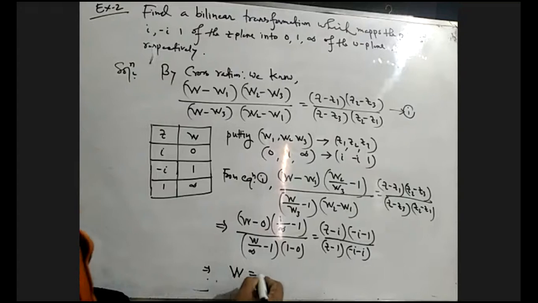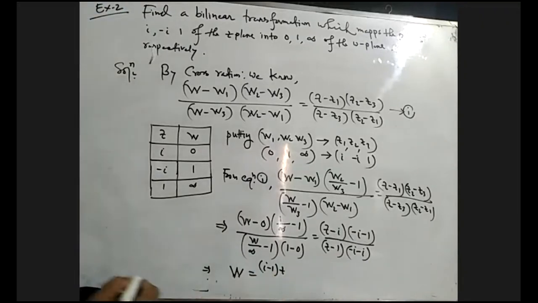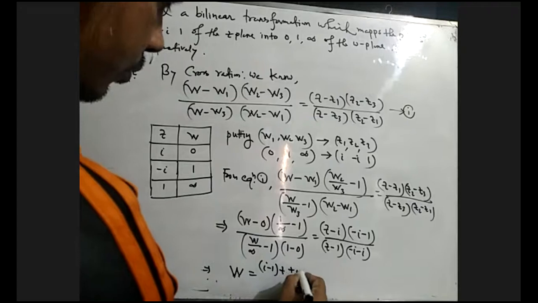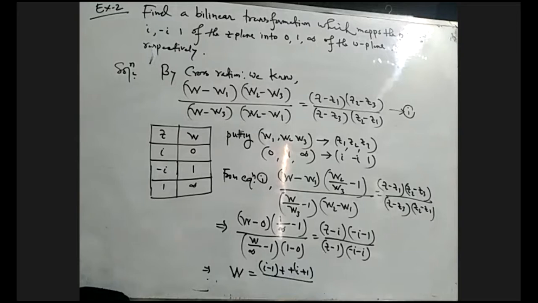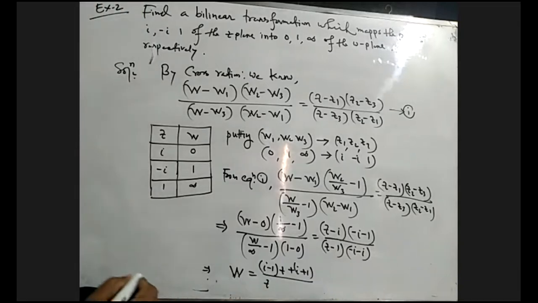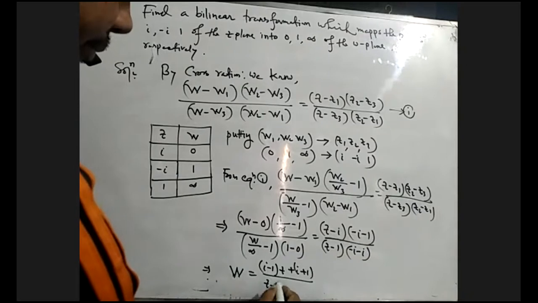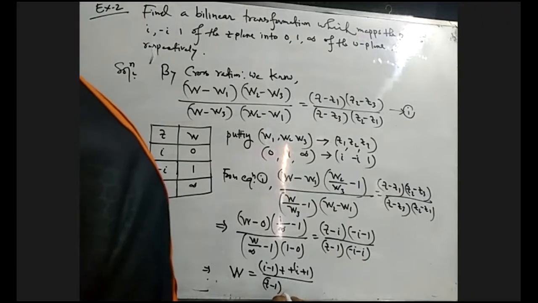W equals, after multiplication, multiplying Z by (i minus 1) plus (i plus 1), divided by (Z minus 1) into minus twice i.